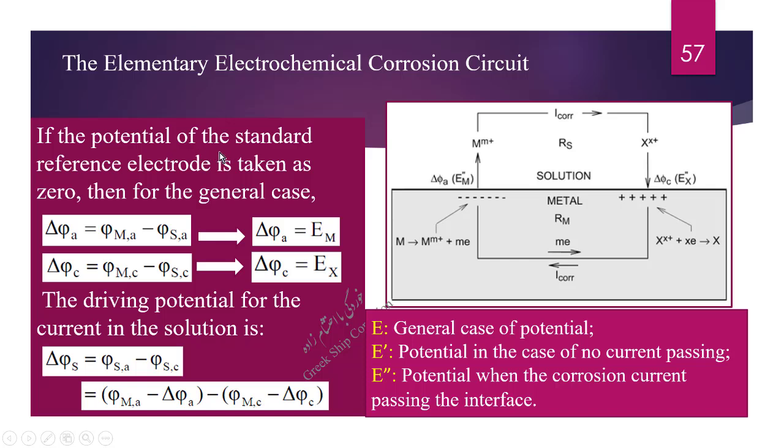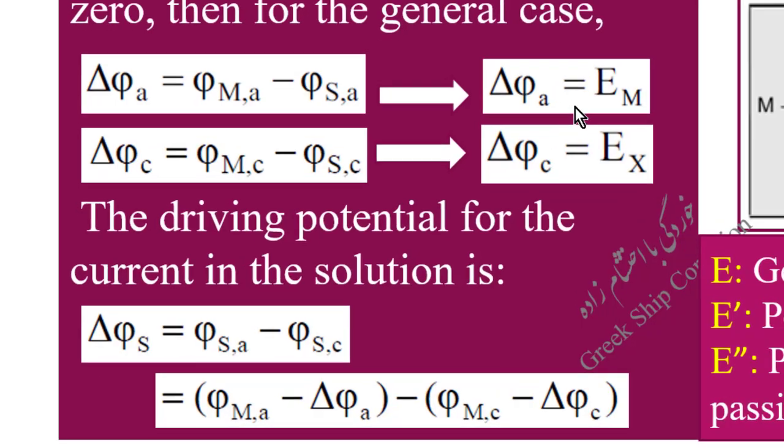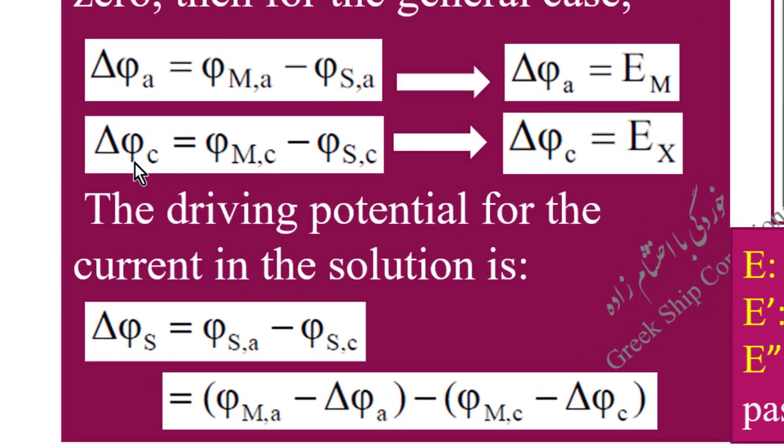If the potential of the standard reference electrode is taken as 0, then for the general case, delta V_a equals V_ma minus V_sa. That gives delta V_a equals E_m, and delta V_c equals V_mc minus V_sc.